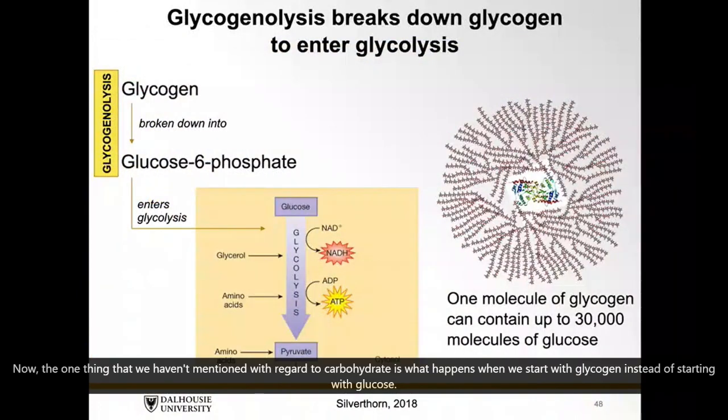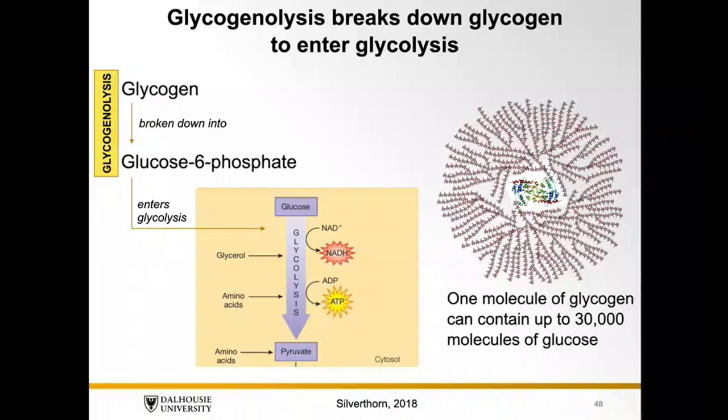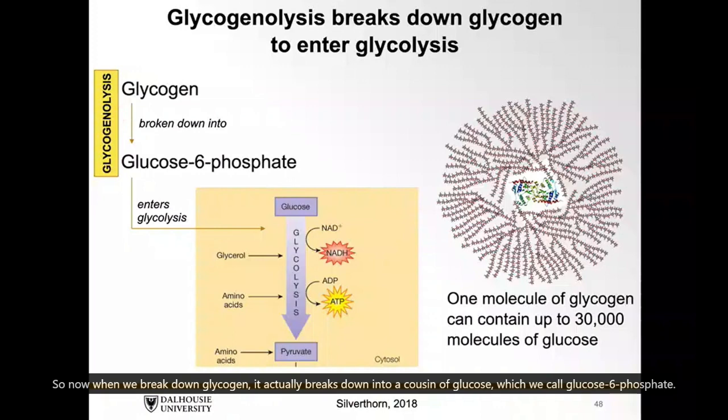Now, the one thing that we haven't mentioned with regard to carbohydrate is what happens when we start with glycogen instead of starting with glucose. So we already know that the breakdown of glycogen is called glycogenolysis. So now when we break down glycogen, it actually breaks down into a cousin of glucose, which we call glucose 6-phosphate.